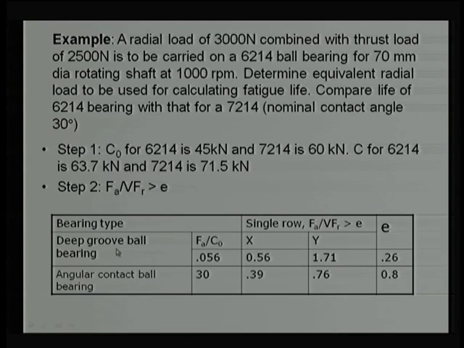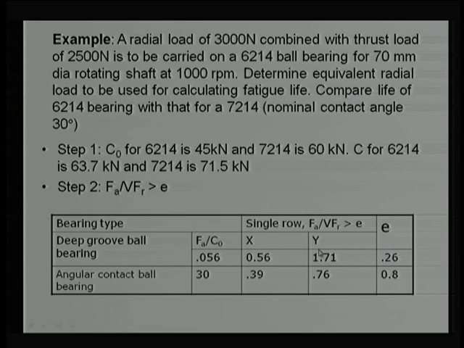Now we have considered two bearings, the deep groove ball bearing and the angular contact bearing, and the static capacity as well as axial load have been defined, so we can find this ratio. In this case, Fa by C0 is 0.056. For angular contact, with a 30 degree angle, we can find the parameters X and Y. The X parameter for the deep groove ball bearing is 0.56, that means we consider 56% of the radial load Fr, while the Y parameter is a penalty, 1.71.